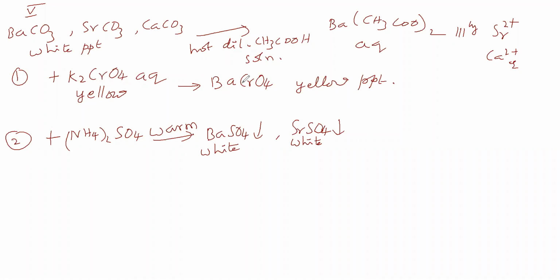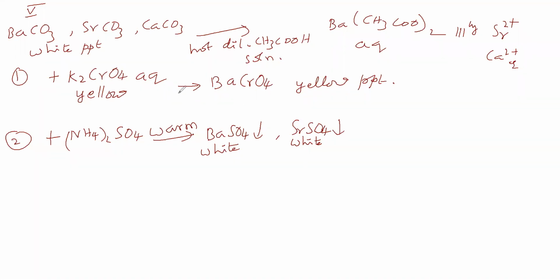So we have to do the first test first. If we get a yellow precipitate, that indicates barium is present. If barium is confirmed, you should not go for the second test, because barium as well as strontium both give the same white precipitate. So if you get a yellow precipitate, barium ion is present and you stop the analysis.